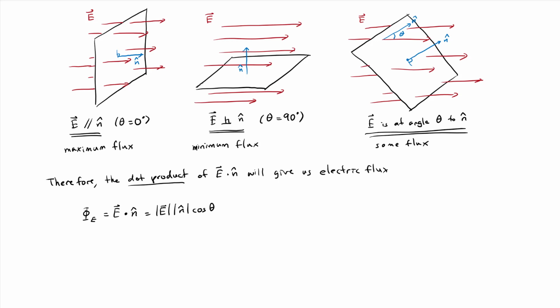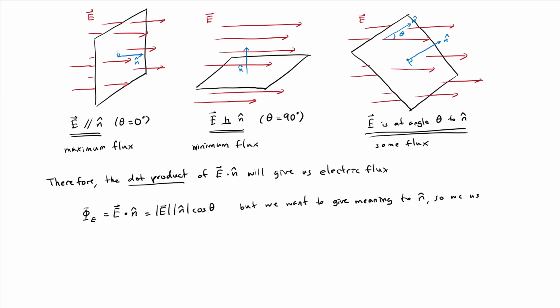But in our case, we want something more relevant and more convenient for us. We want to give meaning to this surface normal vector.